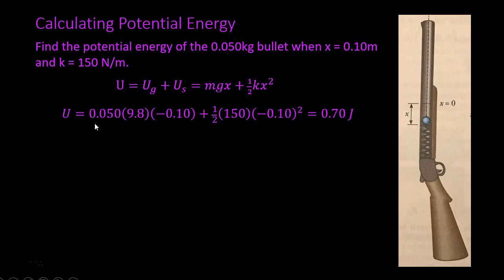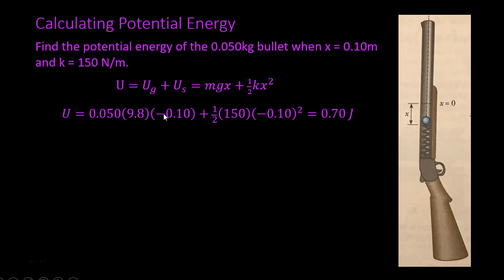This first part is calculating the gravitational potential energy. Notice the negative sign in here means that energy is flowing out of the ball when we compress it from this 0 point. And then here is our elastic potential energy. Notice regardless of whether the spring is compressed or stretched, the elastic potential energy is going to be positive because energy is being stored in the compression or the stretch.